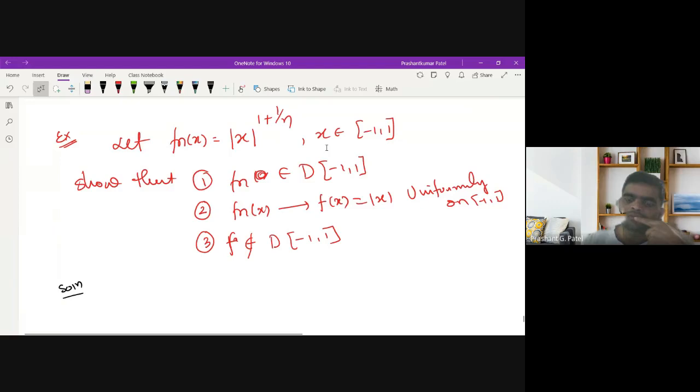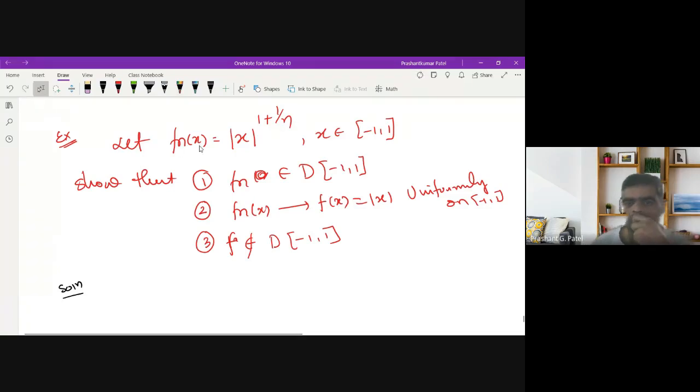If I can prove it for positive x, then the same proof will work for negative x also, with a slight modification.